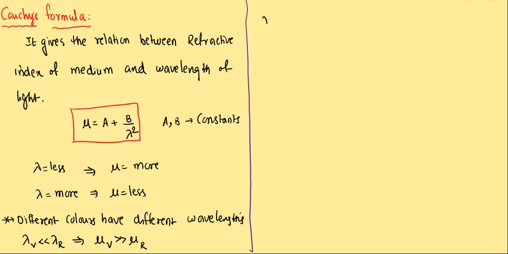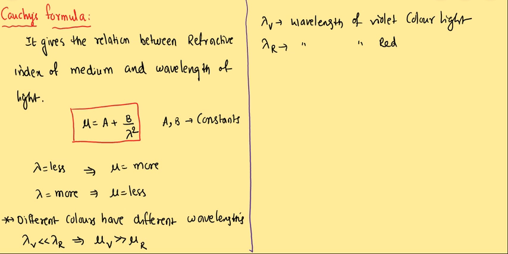Lambda V is the wavelength of violet color light, and lambda R is the wavelength of red color light. This is about Cauchy's formula.